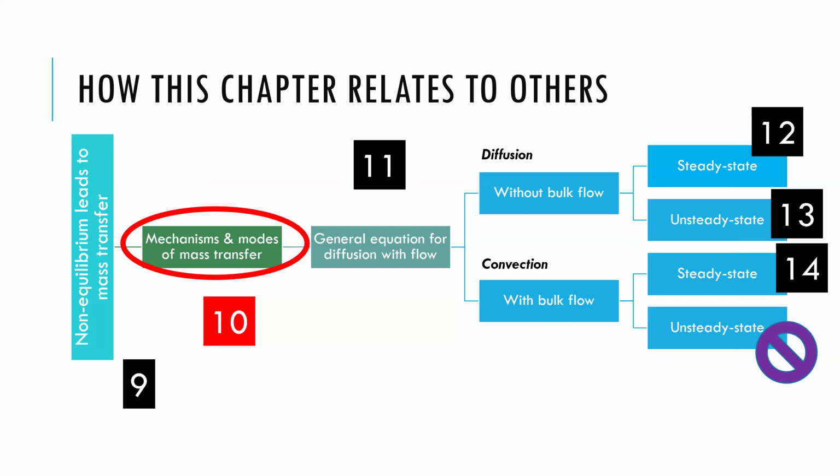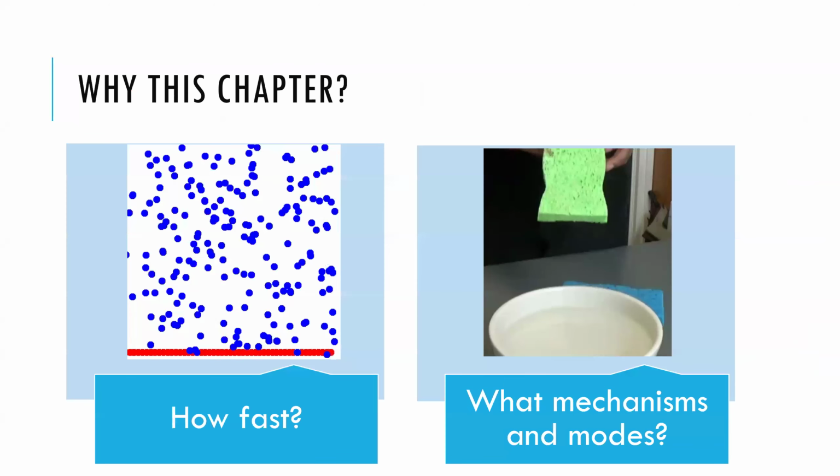So that's all we did. So chapter 9 is like chapter 1 in heat transfer, and chapter 10 is like chapter 2 in heat transfer. So here we're going to talk about mechanisms and modes of mass transfer.